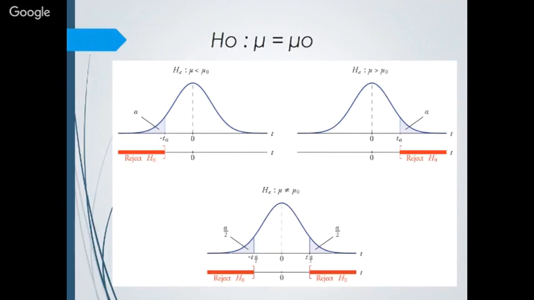For the first two cases, we use single-tailed distributions, and for the second case, mu not equal to mu naught, we use two-tailed distributions.